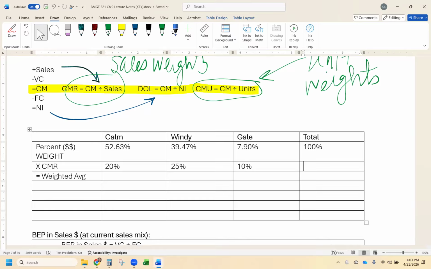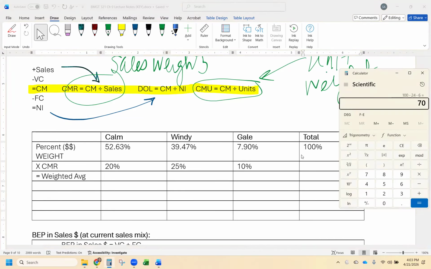So we're going to make sure that we don't over include any one of these. If we did this average evenly and just added 20 plus 25 plus 10 and divided by 3, that would be weighting each of the 3 evenly. So if I did CMR of 20 plus 25 plus 10 was 55 divided by 3, I'd get an average CMR of 18.